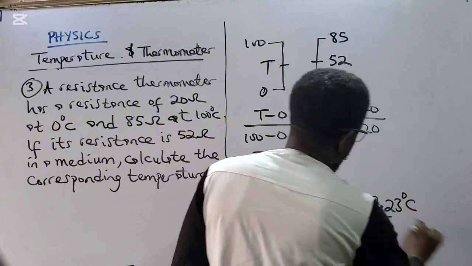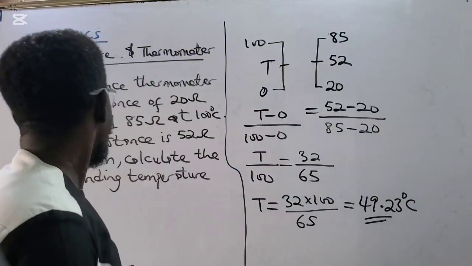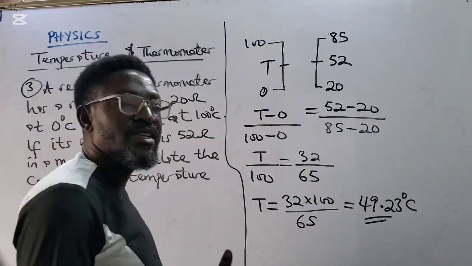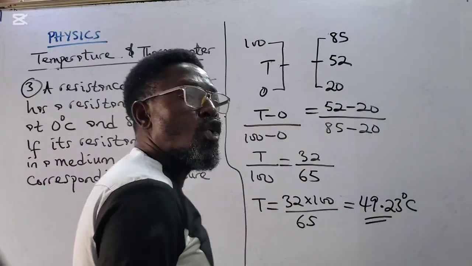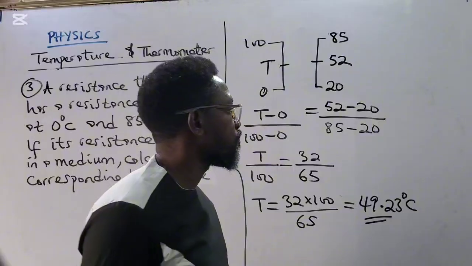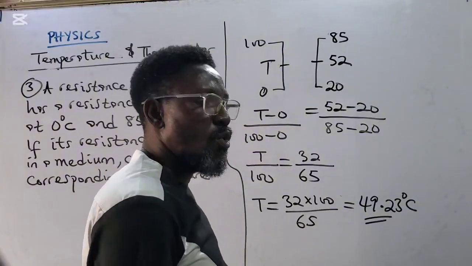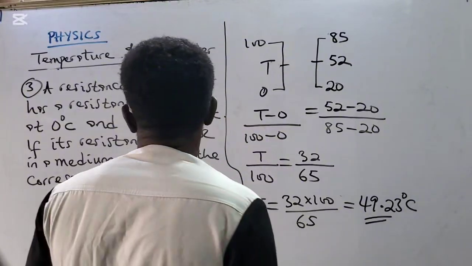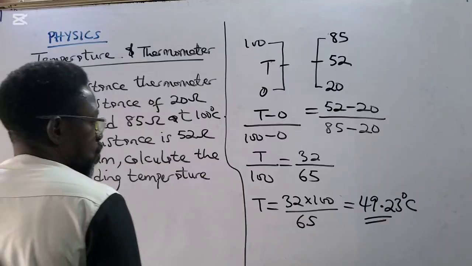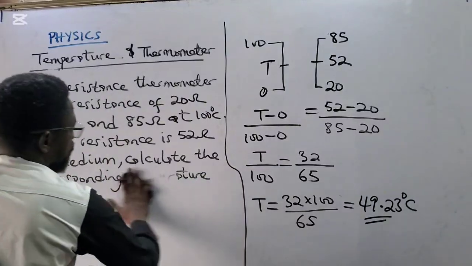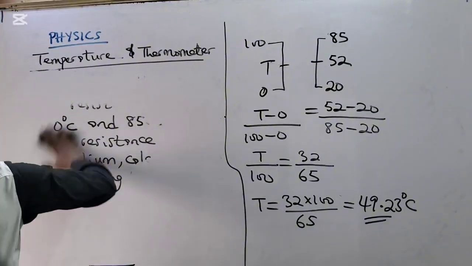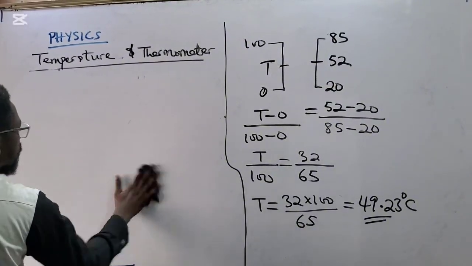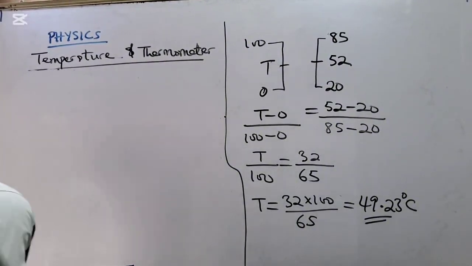Now I get 49.23 degrees C. That is the temperature when the resistance is 52 ohms in a given medium. So the process is always the same thing. Let's see one more example to illustrate this one. See example 4.